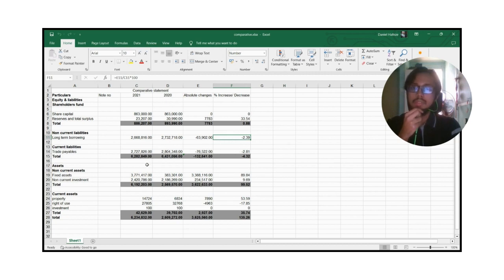Rinse and repeat for the current liability, assets, and current assets. Just to explain it one more time, you take the first column minus the second column to get the absolute change. Then you divide the absolute change by the first column and times 100, and you get the percentage. And that is how you can calculate the comparative balance sheet. And that is all from me. Thank you.